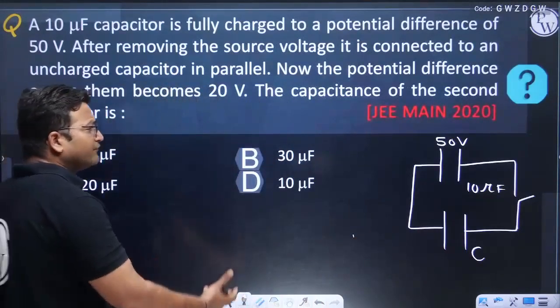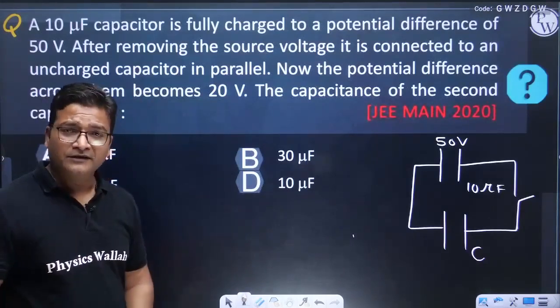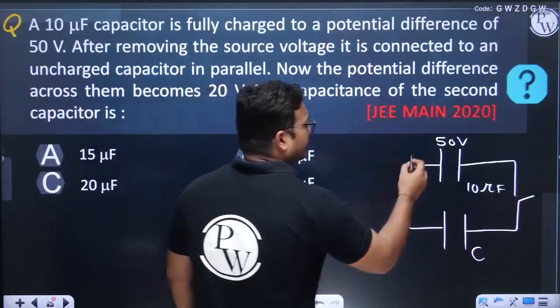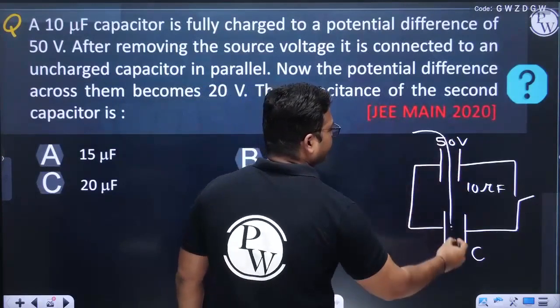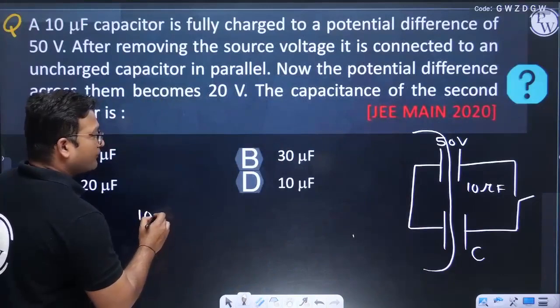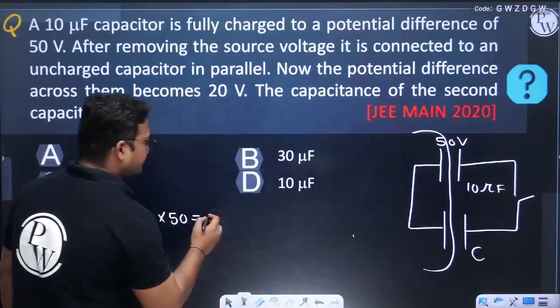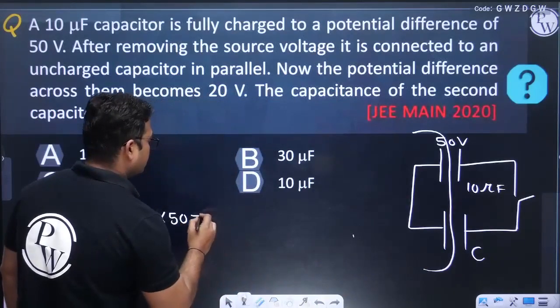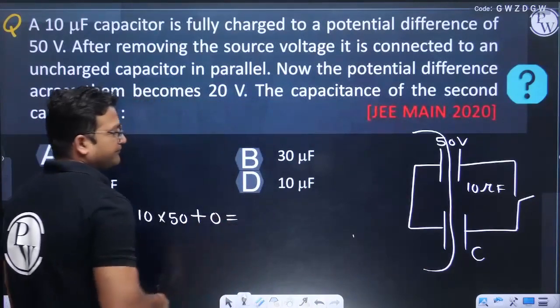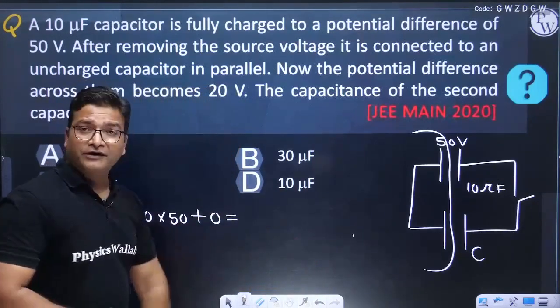So by conservation of charge, or by analogy with conservation of momentum, let us solve it by conservation of charge. The charge initially is 10 microfarad times 50, and the other capacitor's charge is 0, which equals the final charge, given that the final voltage is 20.